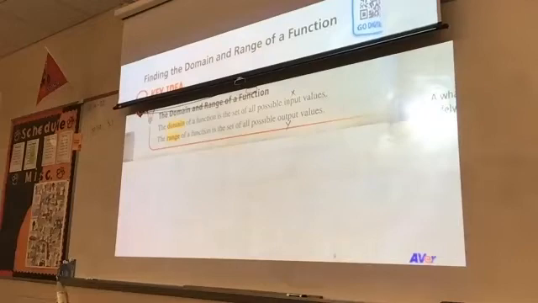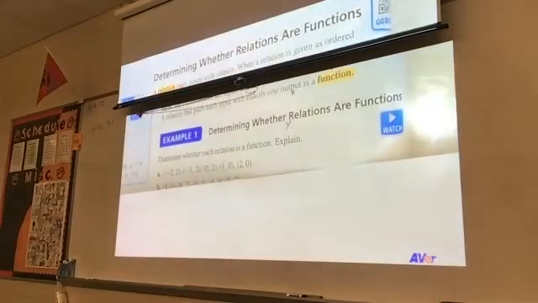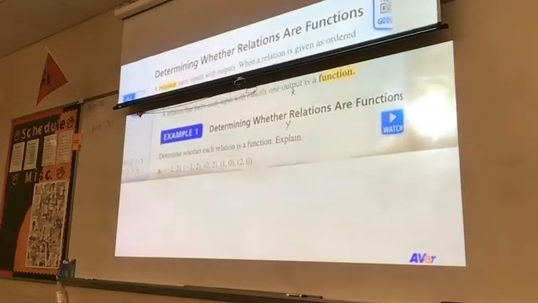We talk about domain and range, right? We talk about domain, all possible x values. That means in my relation, in my graph, however it's represented, what are the possible x values that I could have? That's what we're looking at, okay? So I'm going to take it back to the very first relation that we saw when we were just determining whether it was a function or not.